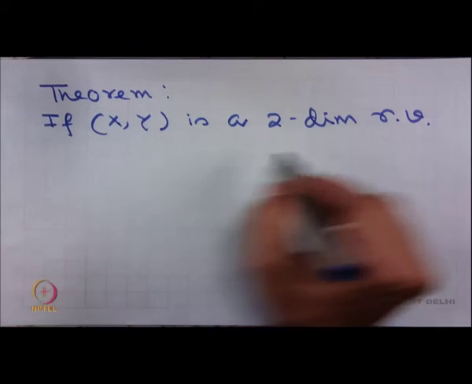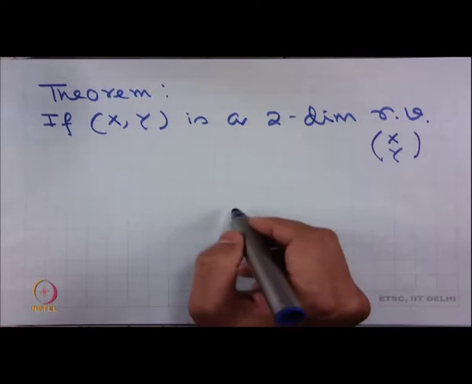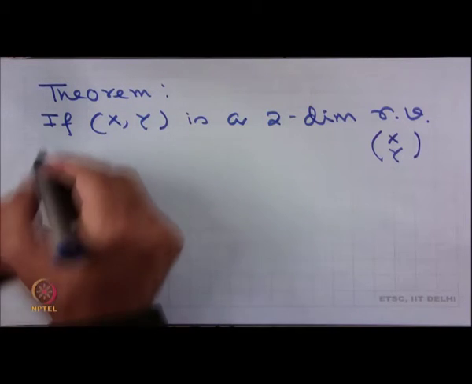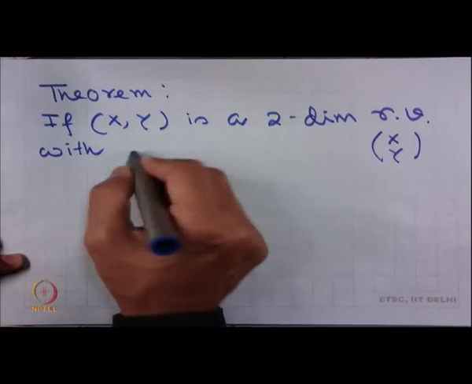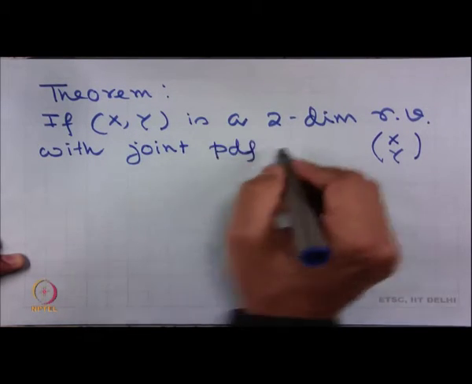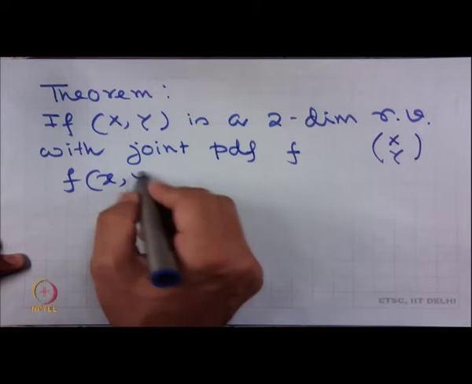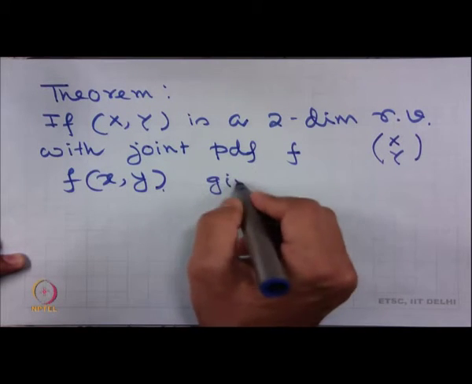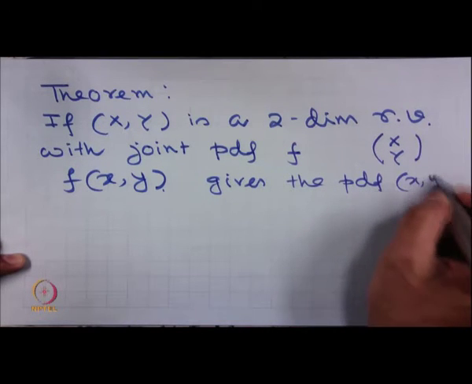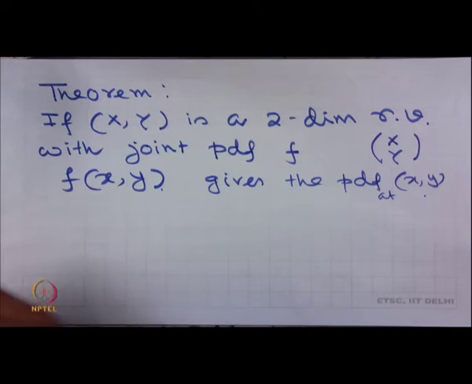So, x and y are two random variables which we can write as x y, and therefore, I am writing as a two dimensional random variable with joint PDF f, that is f of x y gives the PDF at x comma y.